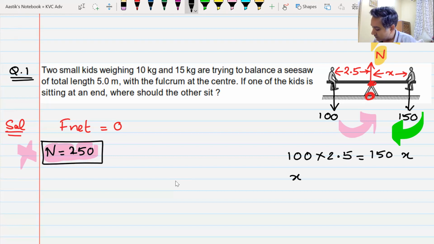So x becomes 250 divided by 150, that is 25 divided by 15. Yes or no? Yes, sir. That is the answer, 5 by 3. Have I done it correctly? Yes, sir. 5 by 3 is the answer, 1.67. Do we understand this? Yes, sir.